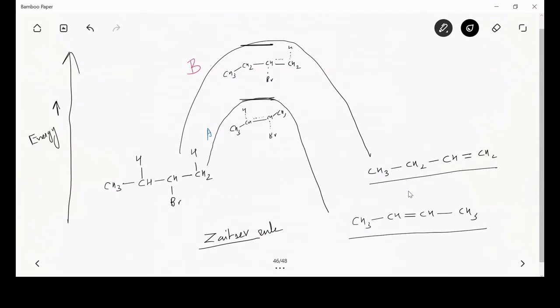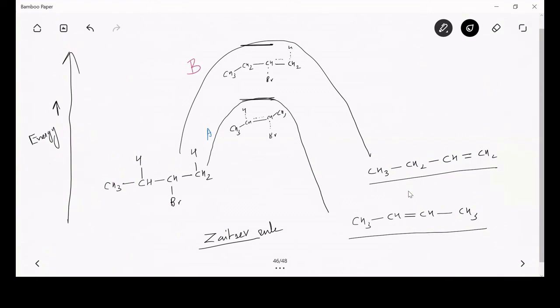Okay. This is a rule, but there are exceptions, and that exception also has a name, called the Hofmann Rule. And why is there an exception? What actually happens in those cases where we get a Hofmann product? So now let us consider the size of the base.